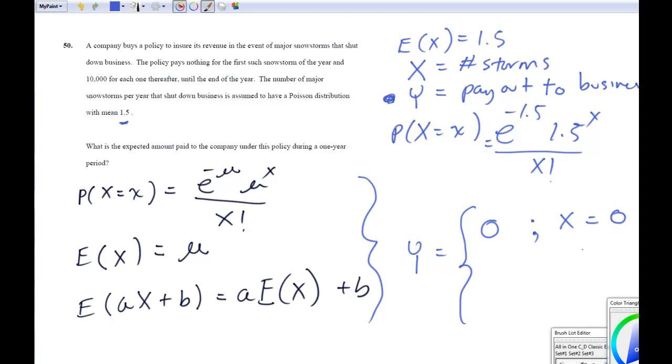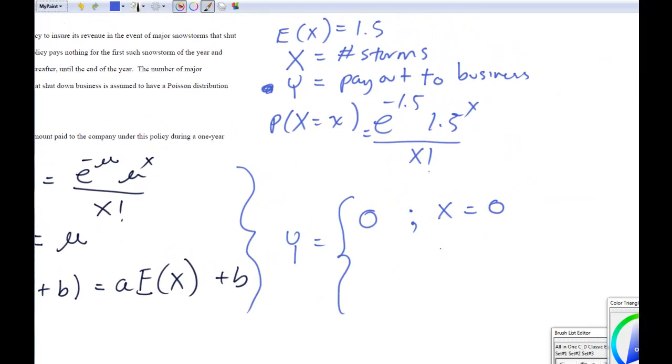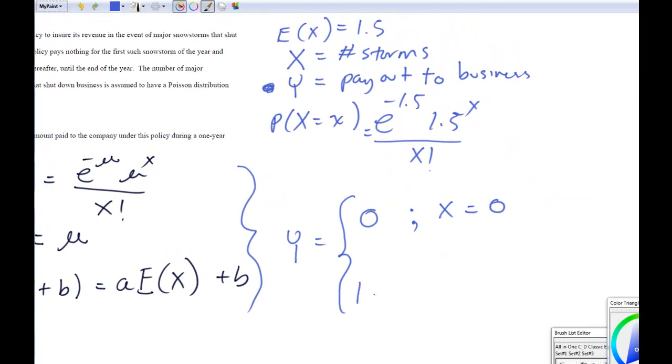If x is greater than or equal to 1, we're going to get paid 10,000 times the number of snowstorms. But because the first snowstorm is not counted, I'm going to take out a 10,000 from here. Okay, and what we want to find is E of y.